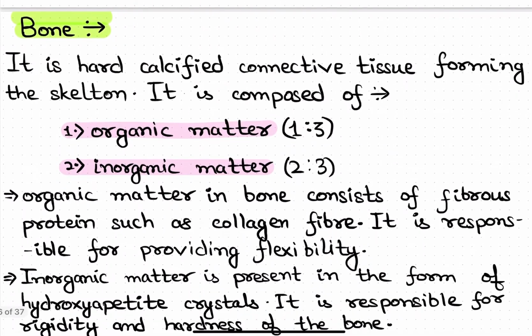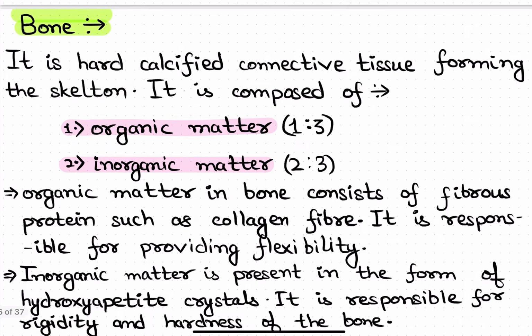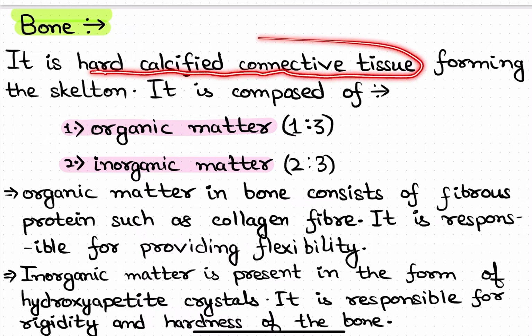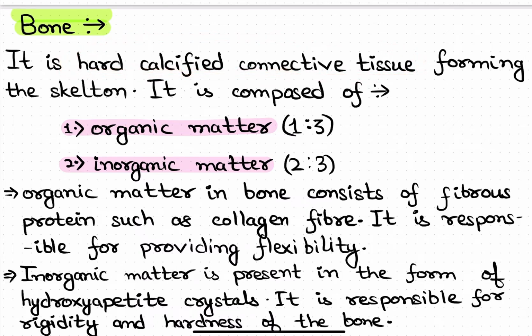Now the most important thing in osteology is bone. Every one of you must be knowing about bone. So bone is a hard calcified connective tissue. It is hard, it is a connective tissue. It connects something to something, that we will study in upcoming minutes.